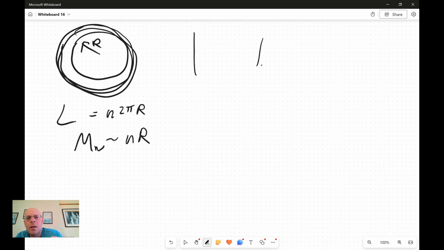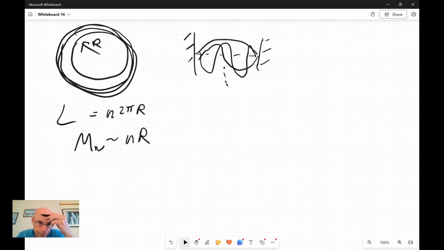When we have a string attached to 2 points, it has these modes, etc. So in addition, the energy of the string, or again the mass of a string that vibrates, according to the mode of the string, is m divided by r.